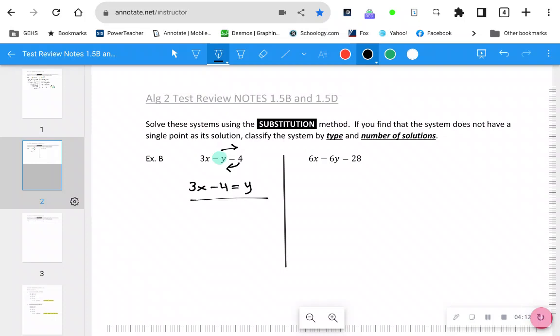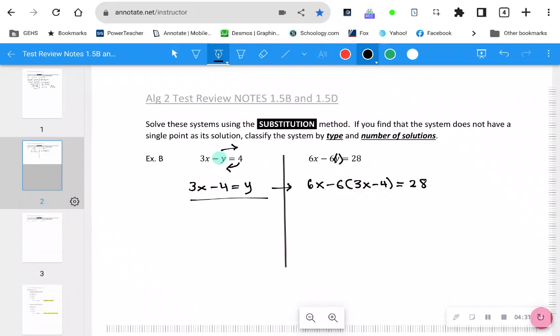That means we can replace this y with that expression. So 6x minus 6 times the expression 3x minus 4, which over here says that's the same as y, and then equals 28 to finish that out there.